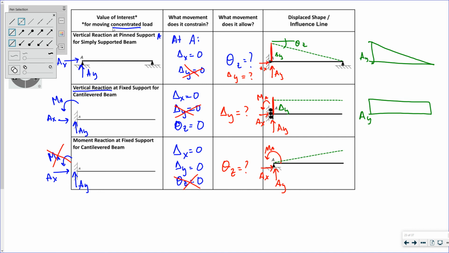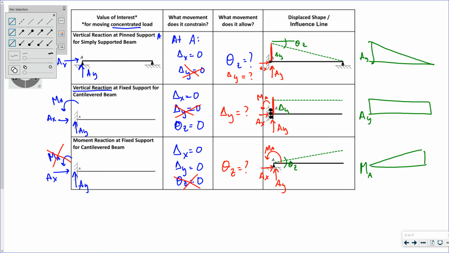So I have some type of rotation z, right? If I want to look at the influence line for my moment at A, the closer I put that concentrated load to A, the smaller that moment is. Makes sense, right?